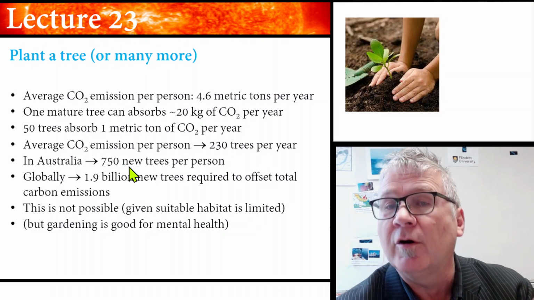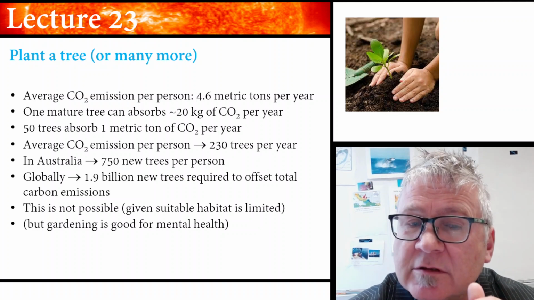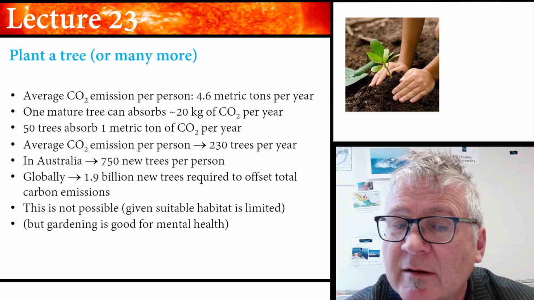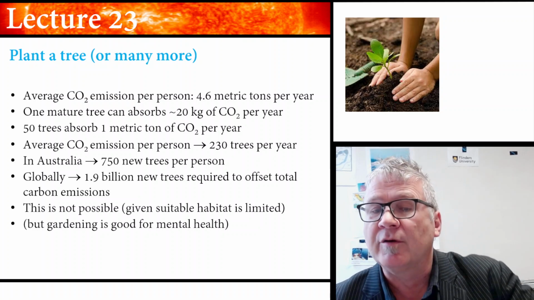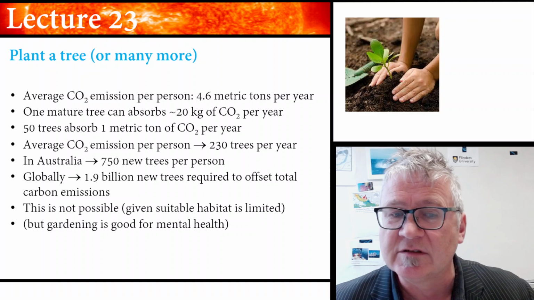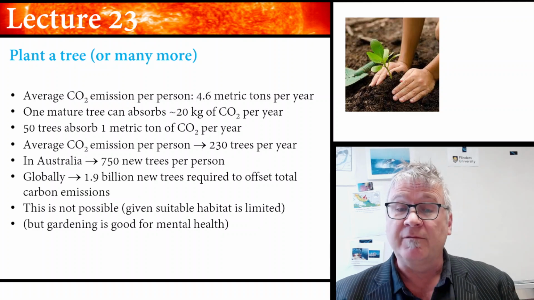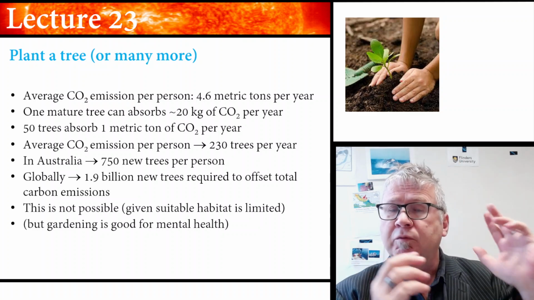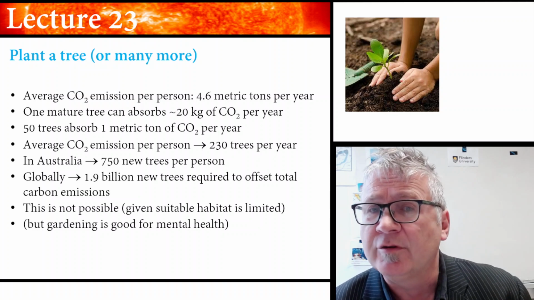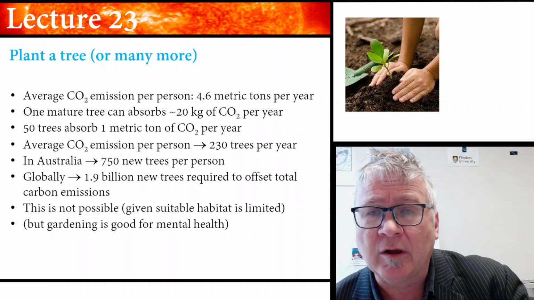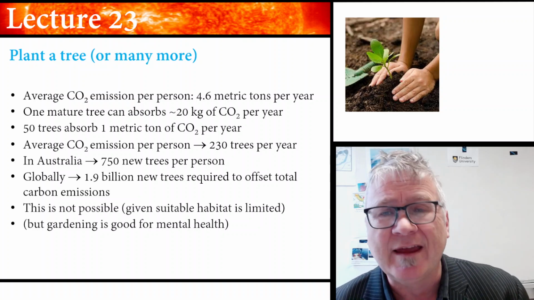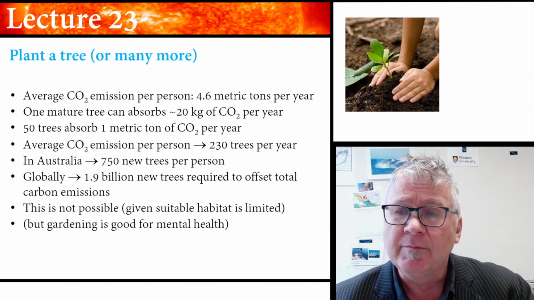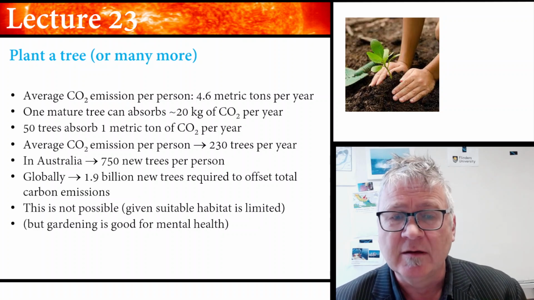So if you thought about planting-a-tree initiatives, you have to sponsor 750 new trees for yourself, and you have to make sure that everybody in Australia also sponsors 750 new trees, and you have to plant them without using any transport or without emitting more CO2. Plus, you have to wait maybe up to 10 years before you have a mature tree.